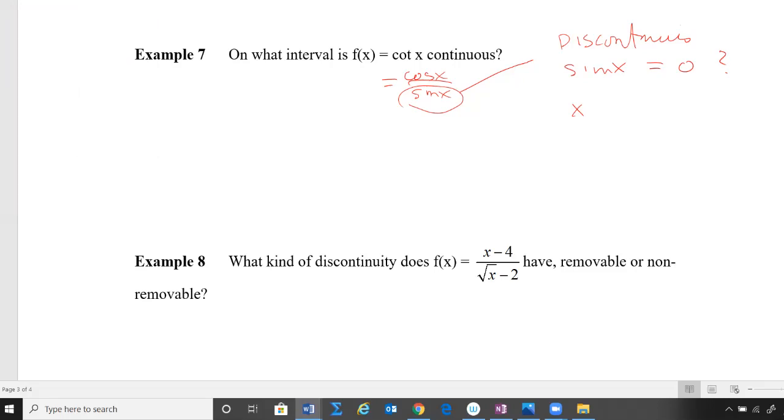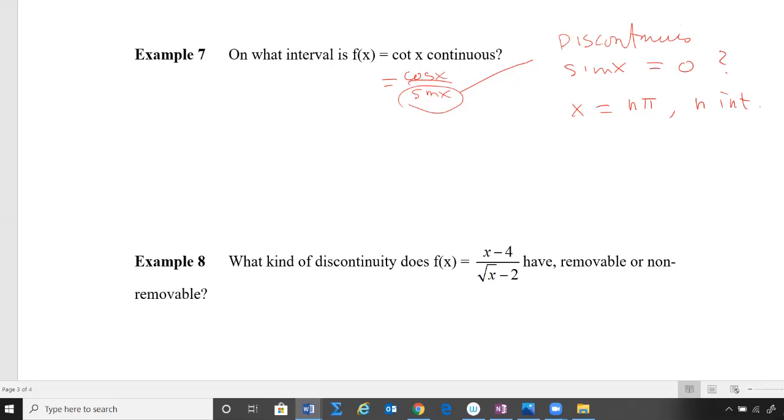The sine of x would be 0 at n pi, where n is an integer. Anytime we have n pi, n being an integer, it will equal 0. So at x equals 0, at x equals pi, 2 pi, 3 pi, 4 pi, 5 pi, etc. And in the negative places also. So we have discontinuities there. So on what interval is it continuous?